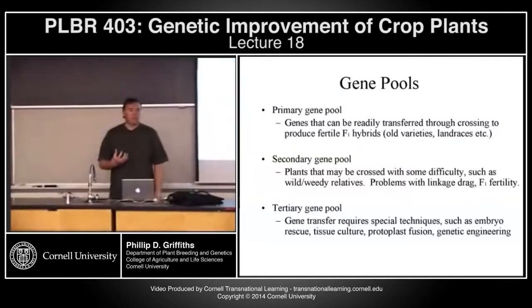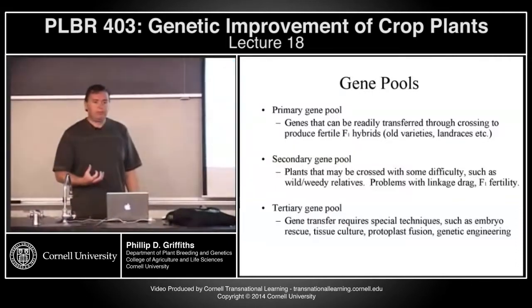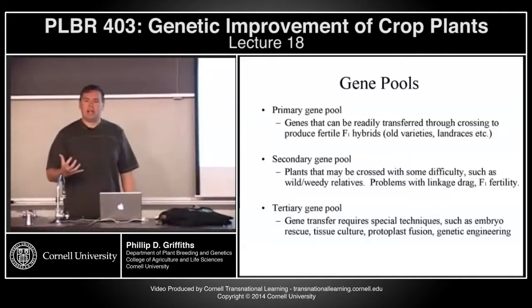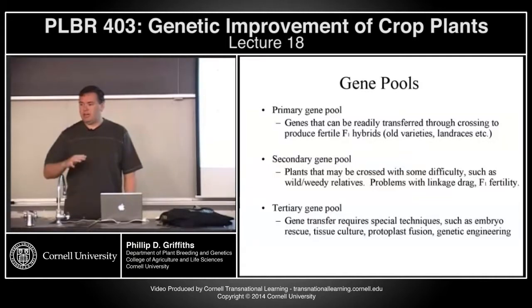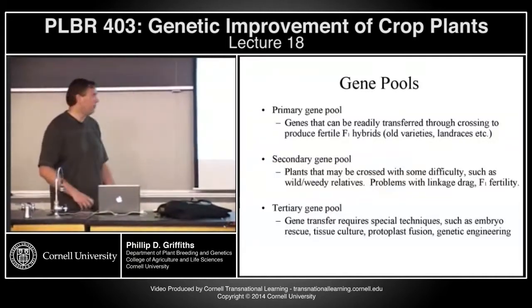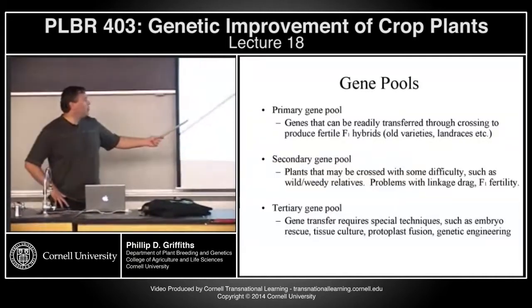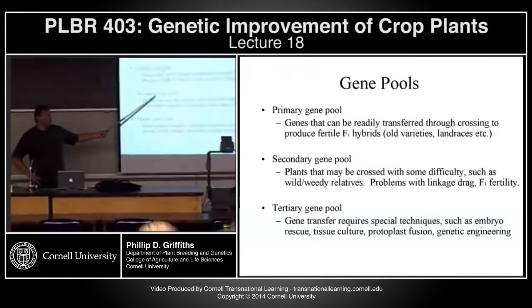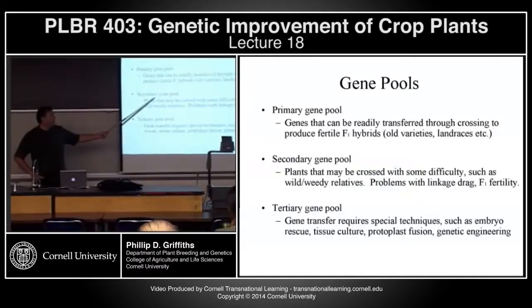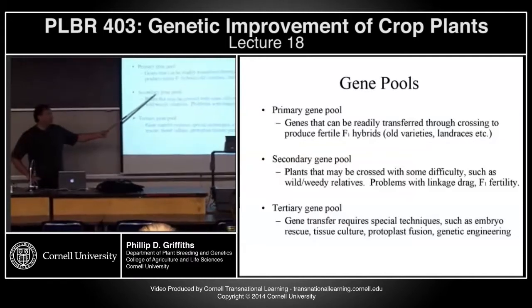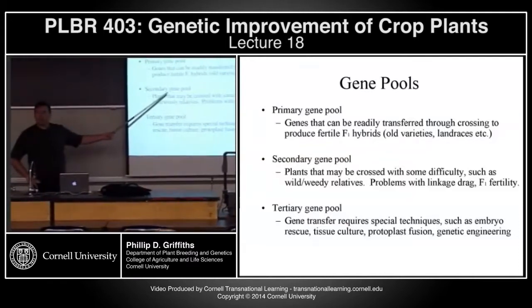If we're able to use the primary gene pool, then typically the number of deleterious genes and deleterious traits that we're bringing in is very much diminished. After that, we might want to go to the secondary gene pool, but as a breeder, we're going to start dealing with a number of difficulties here in that they're not readily crossable through sexual hybridization.